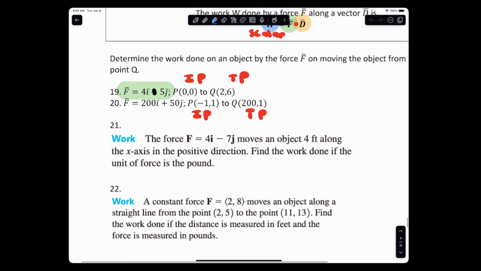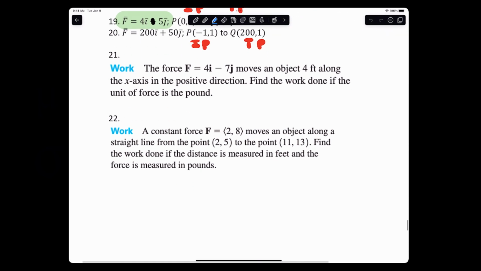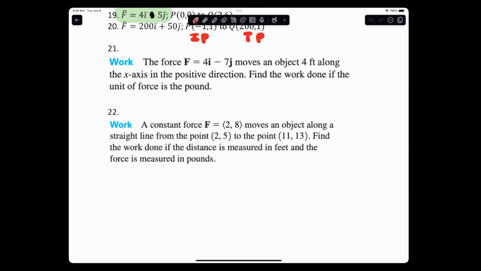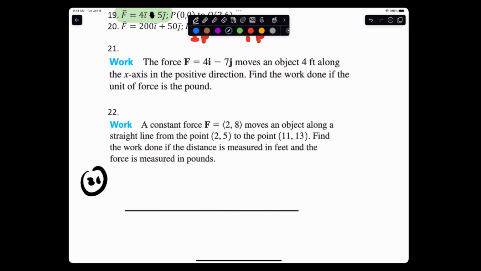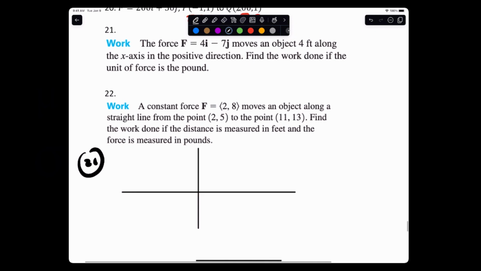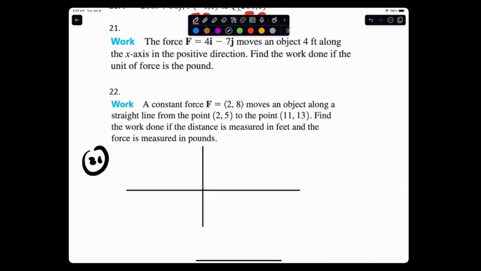What about this one? Number 21. The force is 4i minus 7j. It moves an object 4 feet along the x-axis. So your starting point is 0, 0.